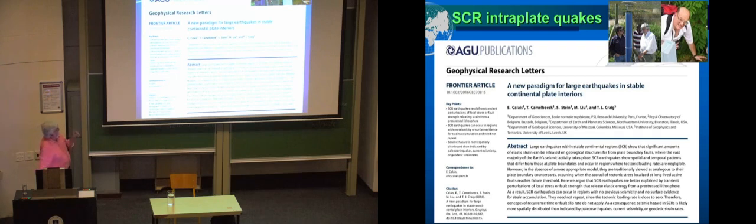But the key feature that Eric and Seth had noted, particularly in an area called New Madrid along the Mississippi River in the United States, is that there were very big magnitude 8 earthquakes in about 1811 in that area, about the same time as the Cape Town earthquakes. And it had been assumed that there was some kind of low rate of tectonic loading going on in that area.